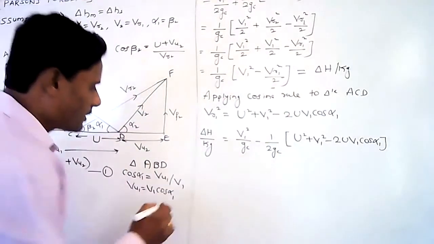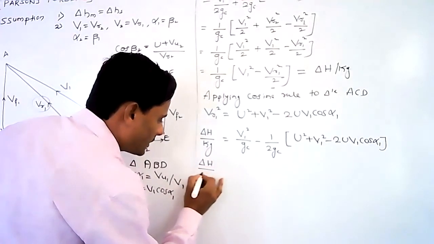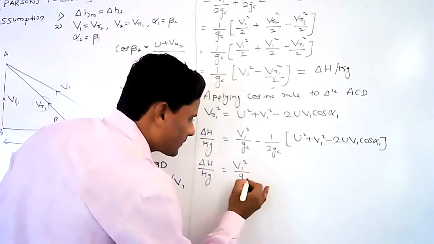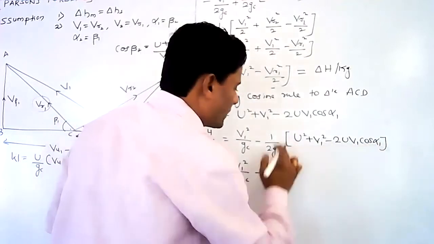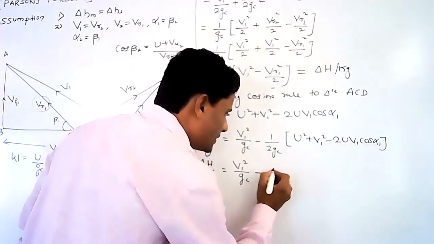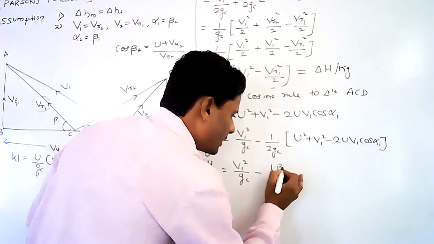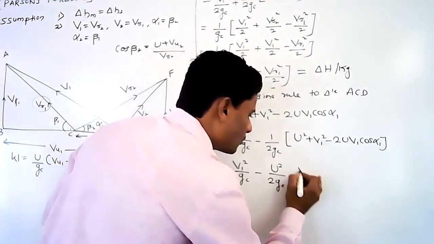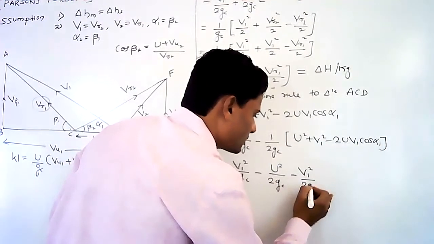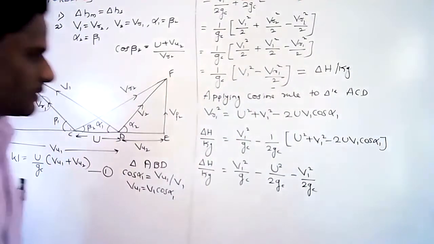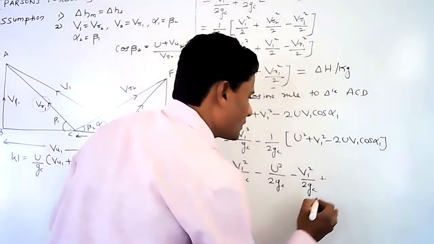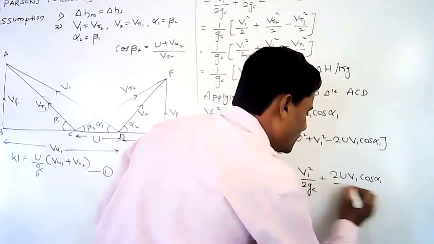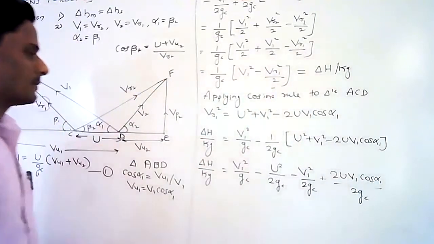So delta H per kg is equal to V1 square by GC minus, opening the bracket by multiplying 1 by 2 GC, U square by 2 GC minus into plus minus V1 square by 2 GC, V1 square by 2 GC minus into minus plus 2U V1 cos alpha 1 divided by 2 GC here, right?